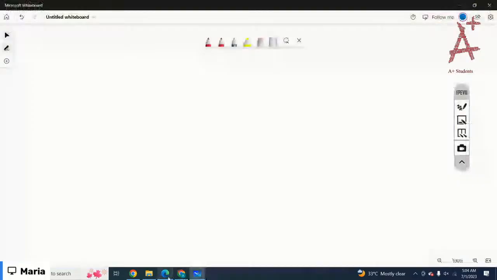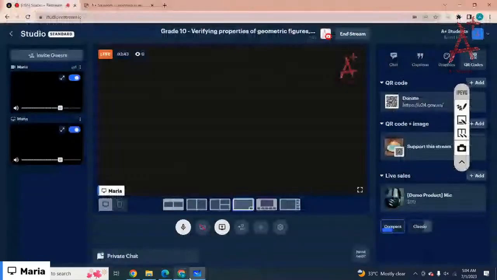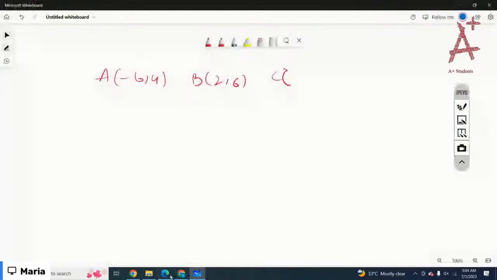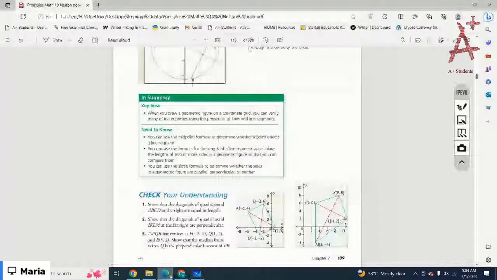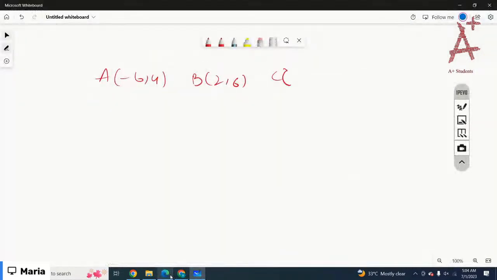A is negative 6, 4, B is 2, 6, C is 1, 0, and D is negative 3, negative 2.